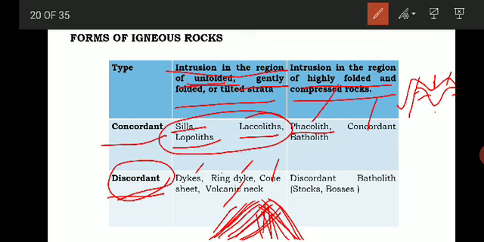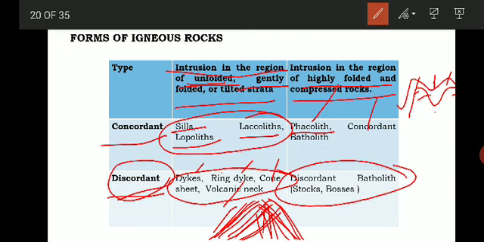Then these are all again seen in unfolded rock, and these discordant batholiths are seen in highly folded and compressed rock. You can see the discordant batholiths, that is stalks and bosses. So these are all the different forms shown by igneous rocks: concordant forms and discordant forms.